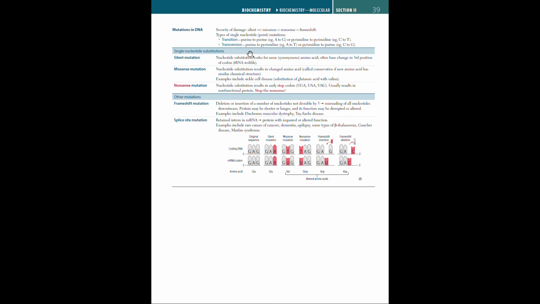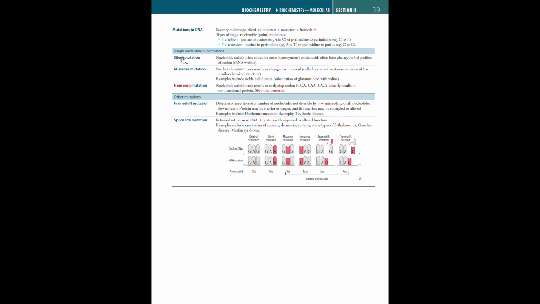Transversion is purine to pyrimidine, that is A to T, or pyrimidine to purine, that is C to G. So these are examples. You can have transition, that is the same type, purine or pyrimidine, or transversion, as you can make out from the word, your version is different, the purine to pyrimidine.